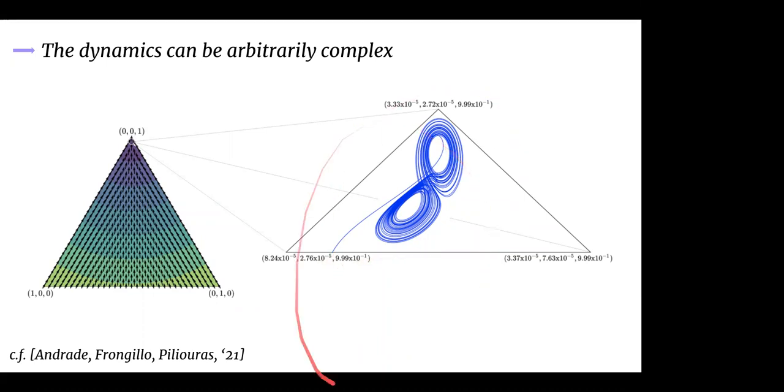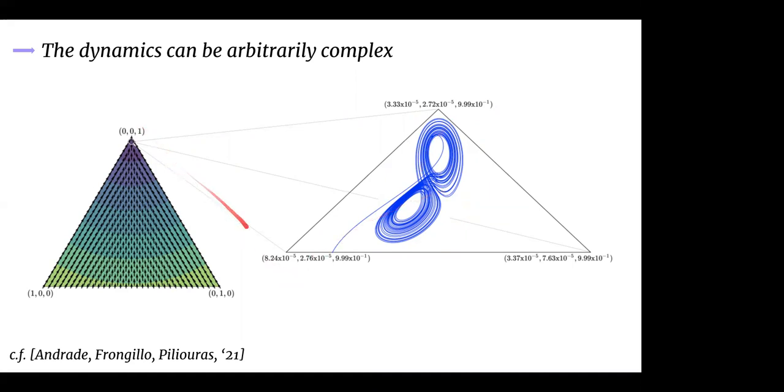So for example, here we have the Lorenz attractor, which is a chaotic system. And we could essentially find some matrix. There will always be a matrix such that if you apply replicator to that matrix or to that game, you will be able to reconstruct your dynamical system.